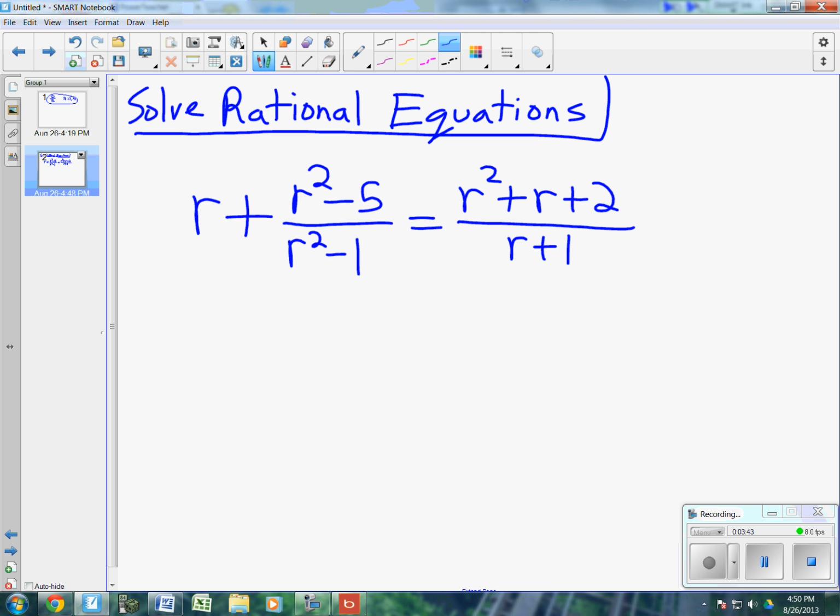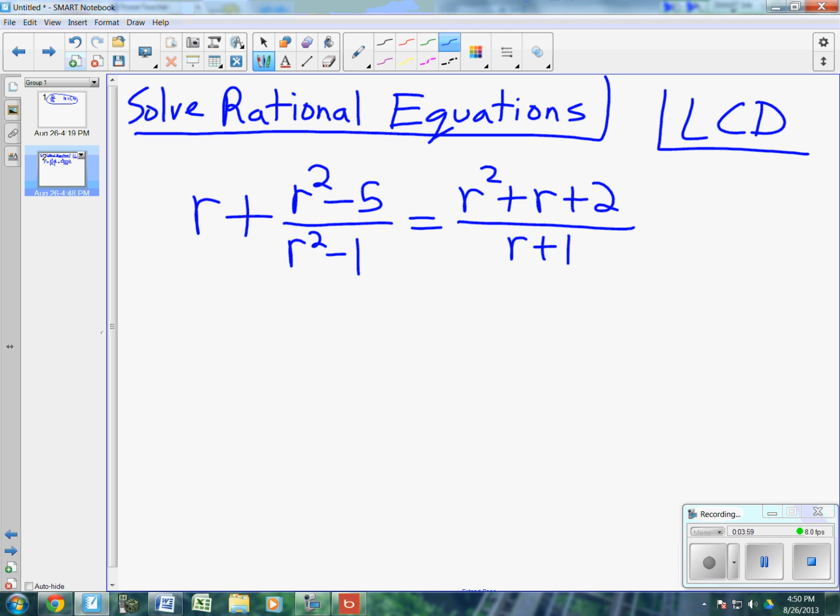And so we're going to talk about factoring today because we had to find a least common denominator, LCD, or lowest common denominator, if you want to call it.